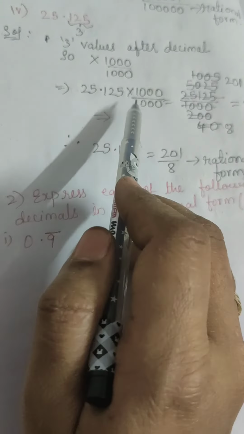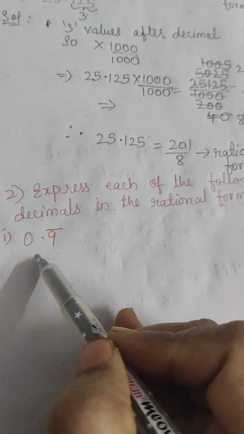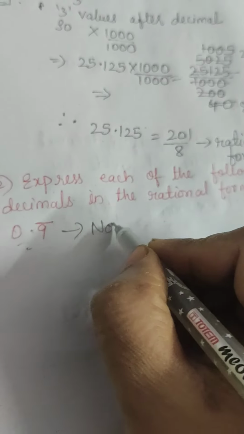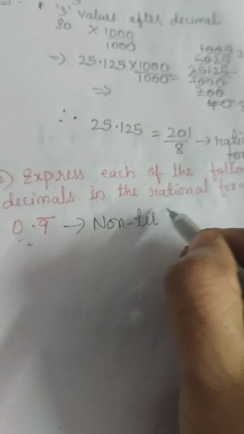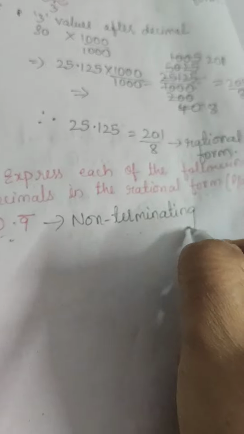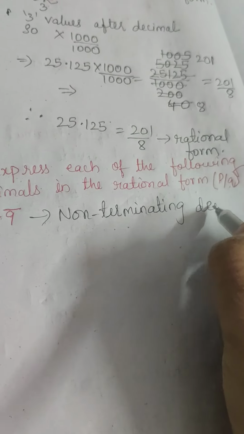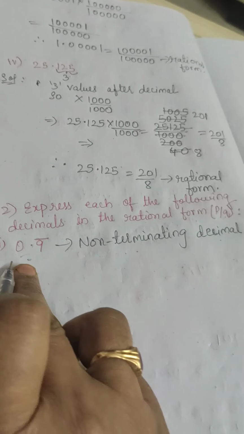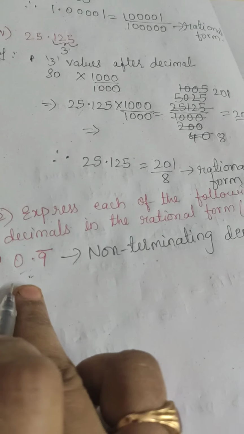In this question number 2, this is a non-terminating recurring decimal.